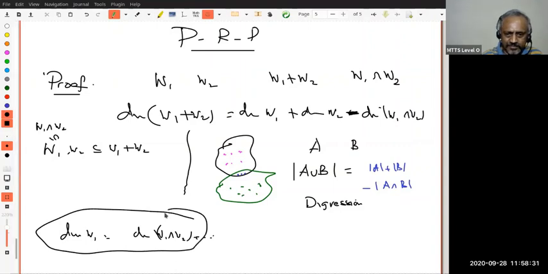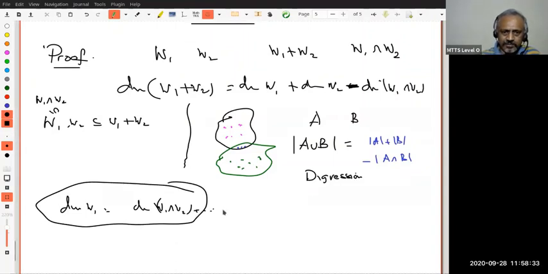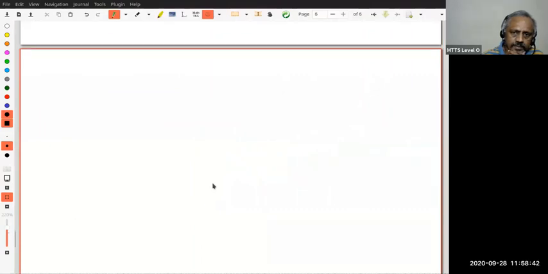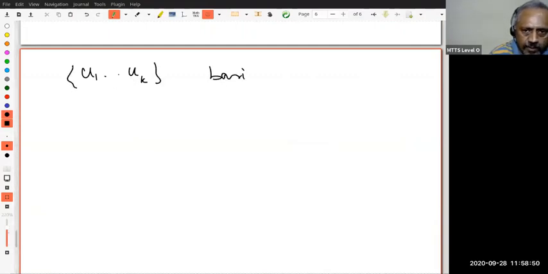Okay, let us come. Begin to think, that's very important. So let me start with: let U1, U2, ..., UK be a basis of W1 intersection W2. Therefore, what is the dimension of W1 intersection W2?